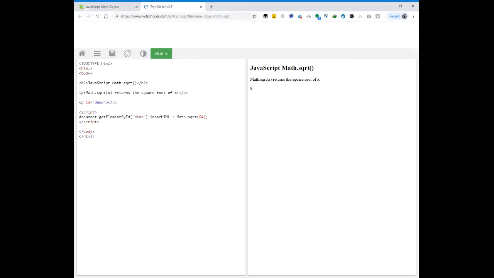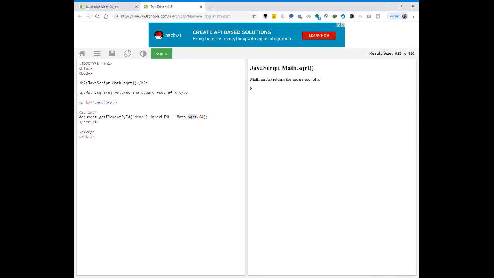Now look at another function, which is Math.sqrt, square root. This function returns the root of a specific number. If I put 144, it will return 12.